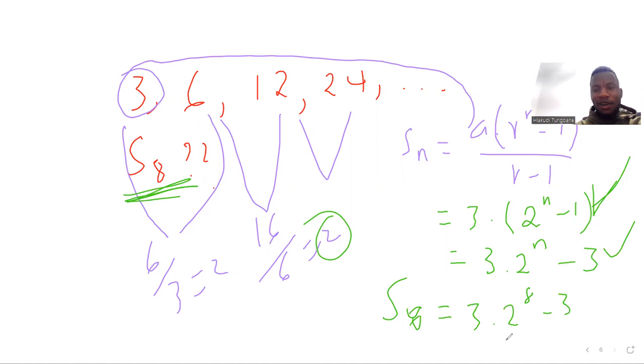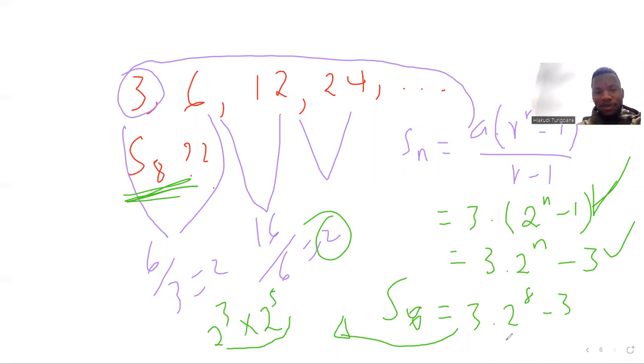Sorry, I'm running out of space, so I'm just going to move this over here. If we simplify that, actually I don't have a calculator next to me, I'll just try to use my head. So we have 2 to the power of 3 times 2 to the power of 5, right? So that's 2 to the power of 8.